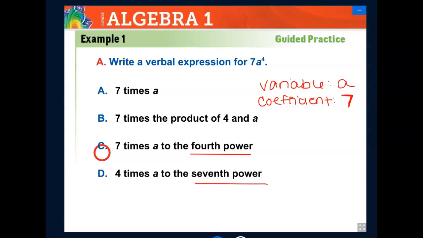So the coefficient is the number before the variable, and the variable is the letter in our problem. The power is the exponent. It's what it's being raised up to. So up high in the sky is a 4.